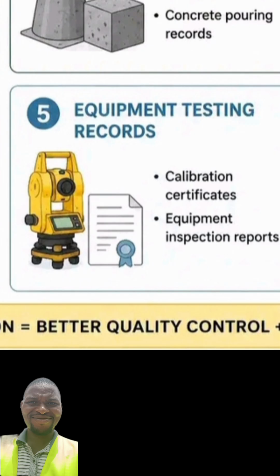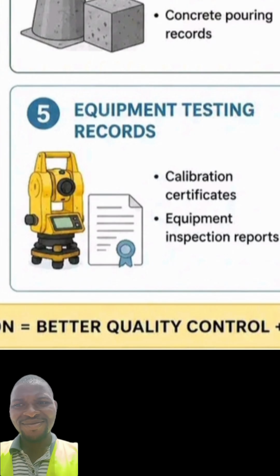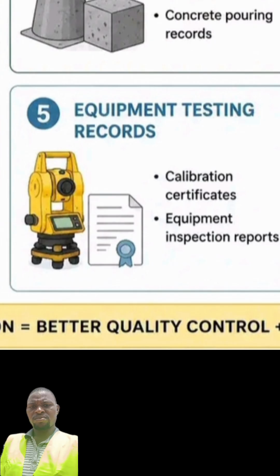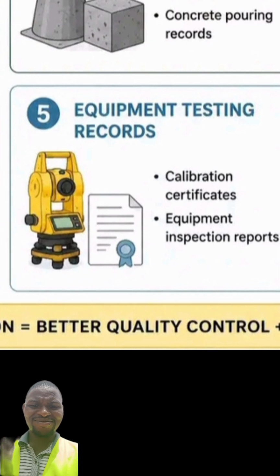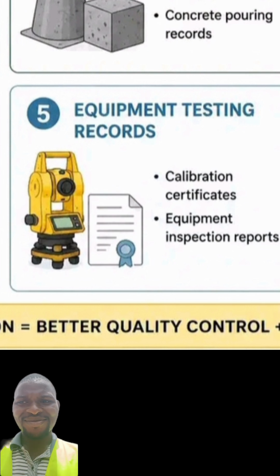Yeah, for equipment testing records. For your equipment on site, you have to actually check if these equipments are functional, because sometimes you can just tell them to bring so and so equipment, machineries and tools for you, but it's your responsibility to check if these equipments and machineries are actually functional. You understand?